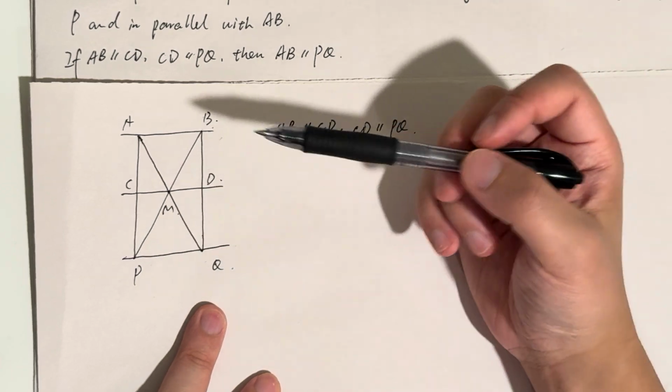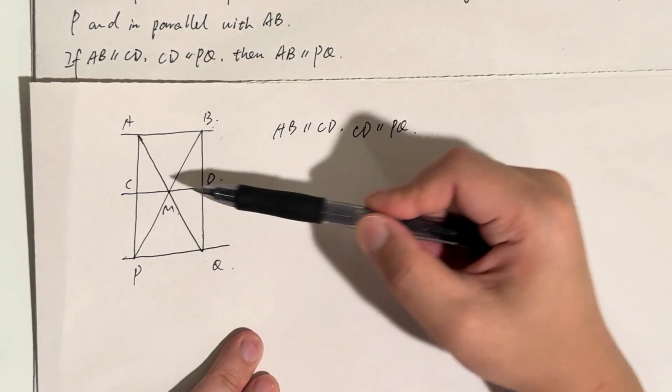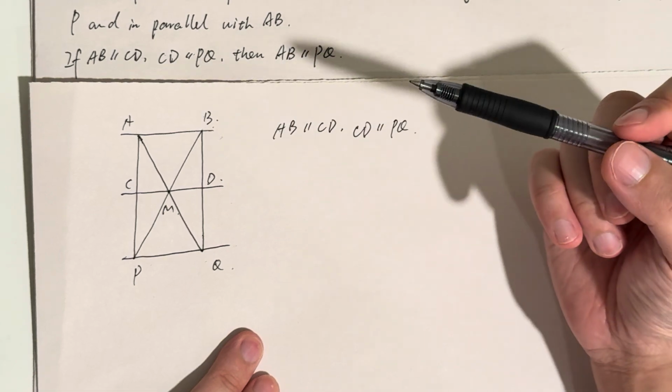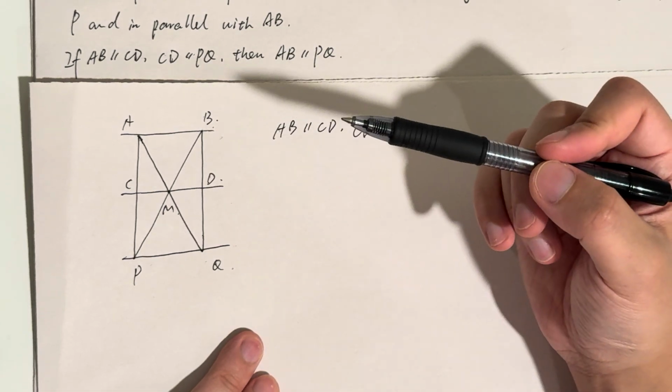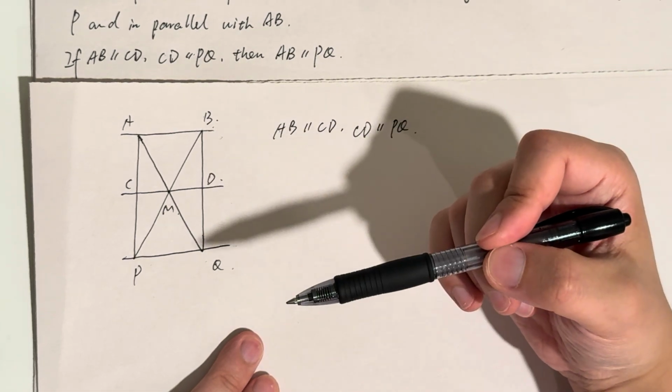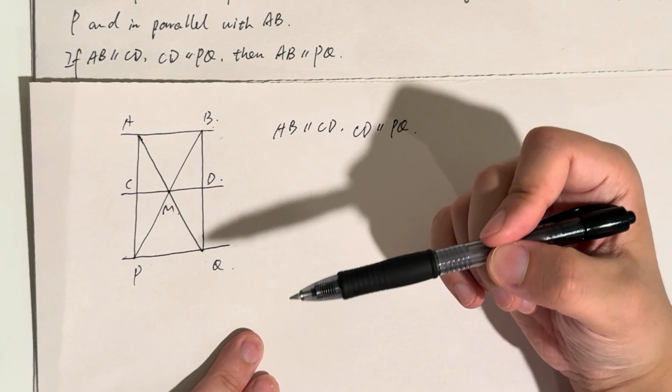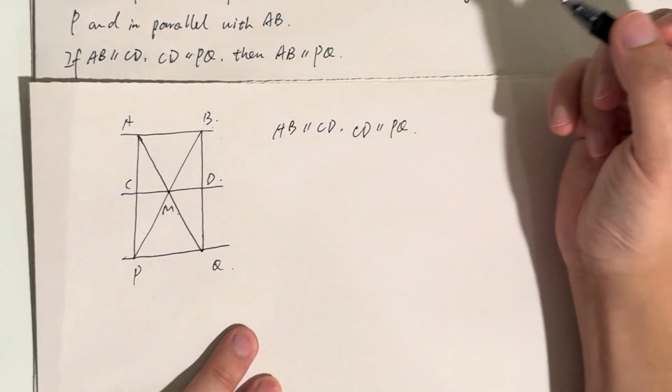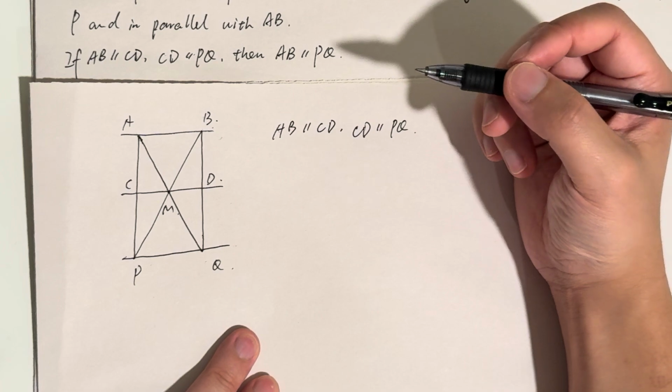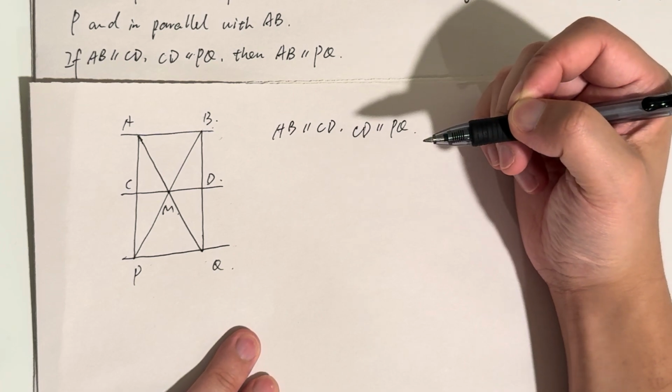So let's see this way. AB is parallel with CD. CD is parallel with PQ.